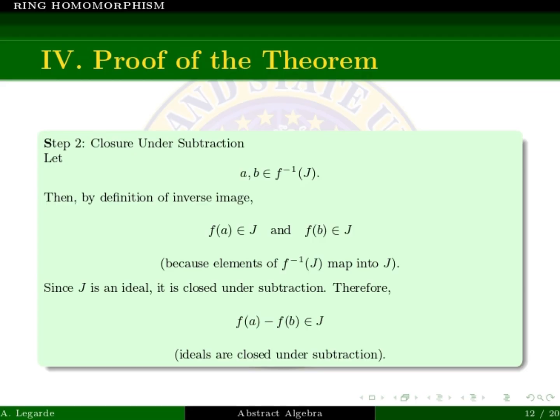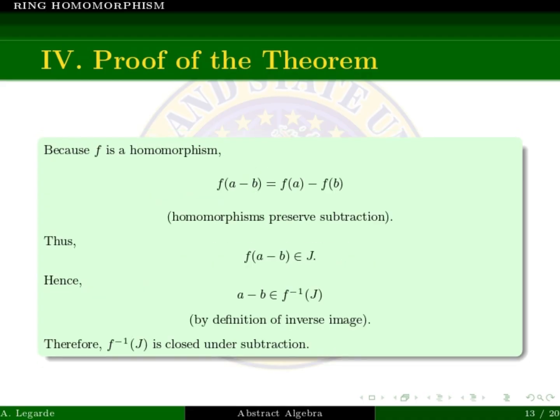Next, we prove closure under subtraction. Take any two elements A and B belonging to F inverse of J. By definition of inverse image, this means F(A) and F(B) belong to J. Since J is an ideal and ideals are closed under subtraction, we obtain that F(A) minus F(B) belongs to J. Because F is a ring homomorphism, it preserves subtraction.